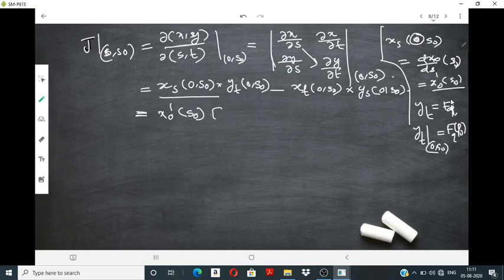So fq at p naught, minus xt. Similarly, xt at 0 is not into ys at 0 is not, that is fp.